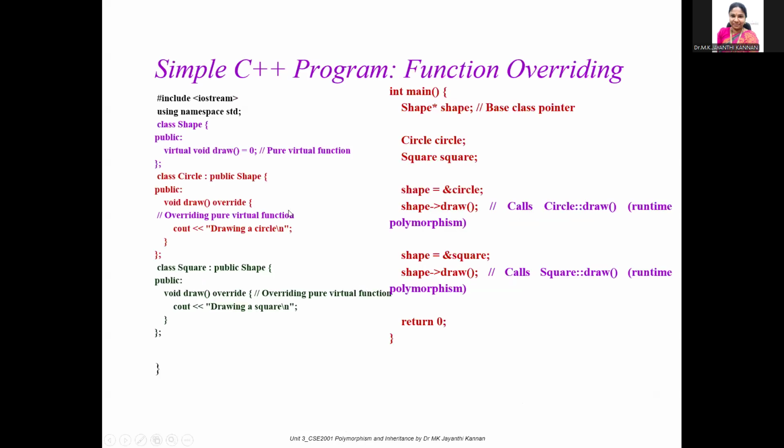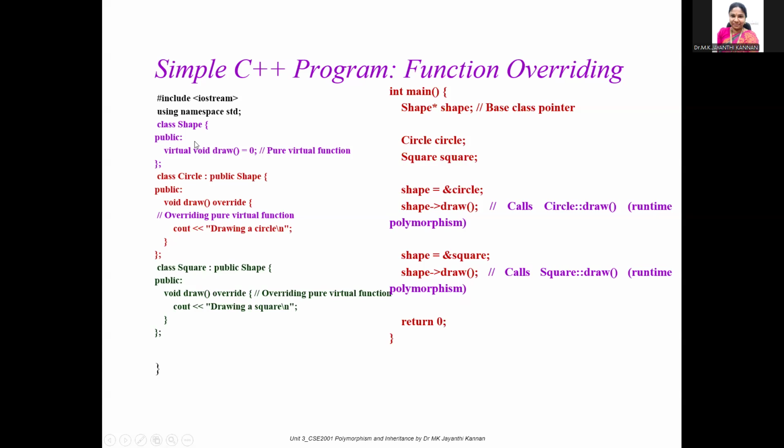Here, to understand the concept of function overriding, late binding, virtual functions and abstract base class, we are taking a class called shape, and the shape class draw function is made virtual. We have the derived class called circle, derived from shape. The base class draw function is virtual, and in the derived class the draw function is an overriding function, overriding the pure virtual function.